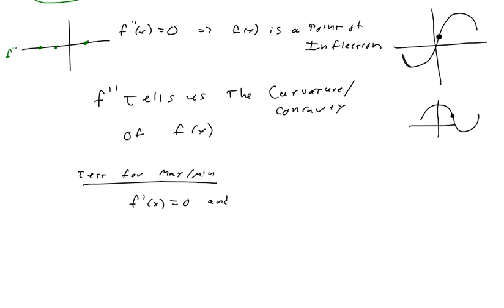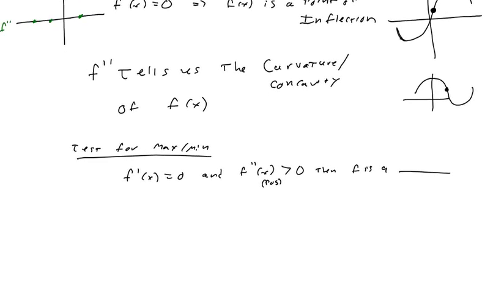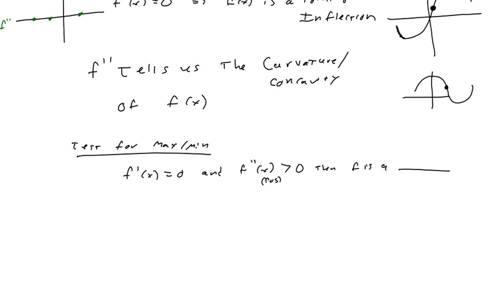And f double prime is positive, then f is a what? Max or min? Which one? Let's think about this curvature. So now we have another test for maxes and mins we could do, called the second derivative test.